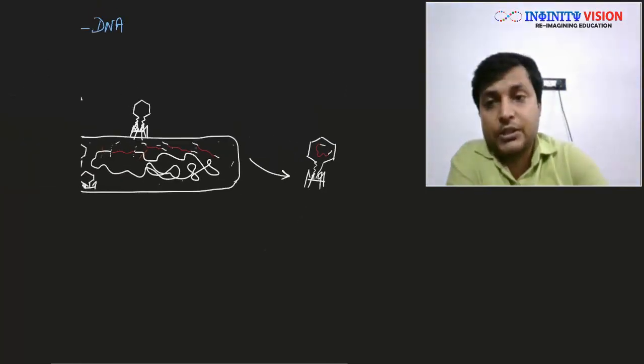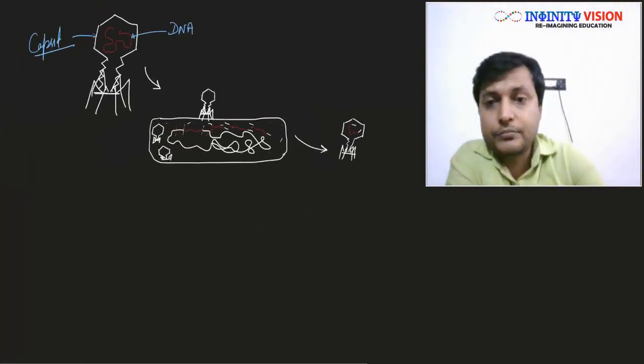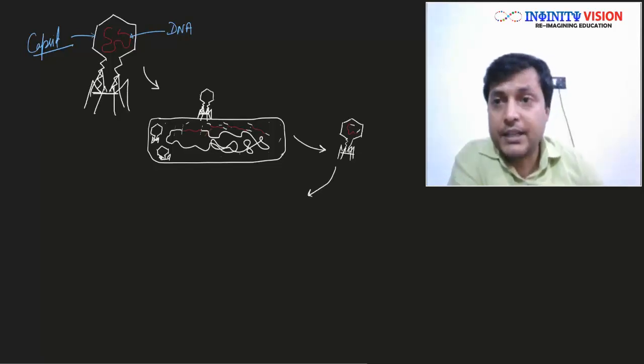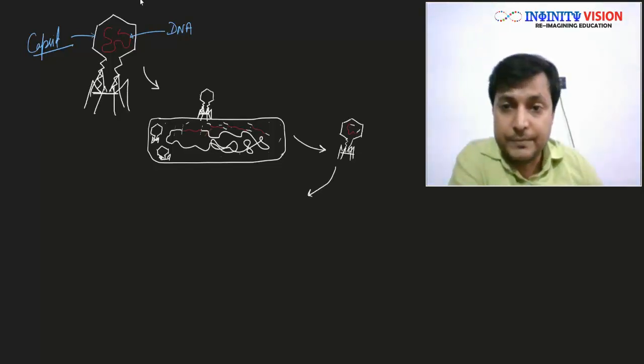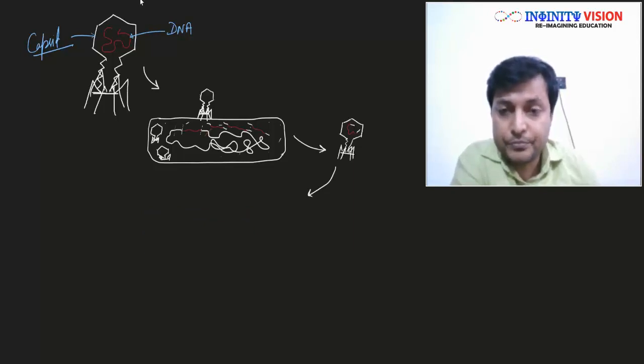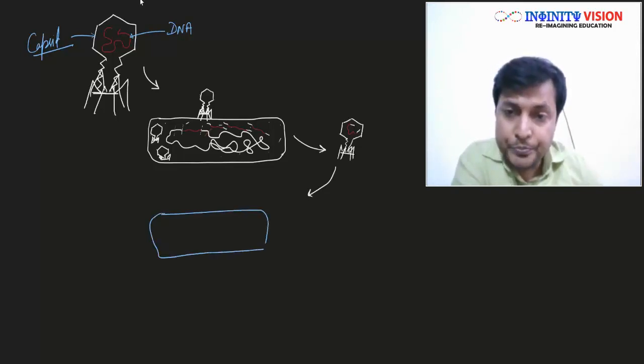Now consider a situation where this particular virus goes and infects another bacterium. Say, for example, here I am taking this new bacterium in blue, and this is its genome.